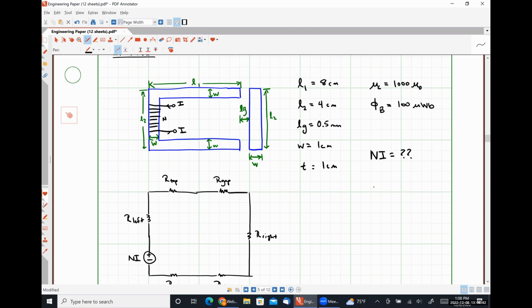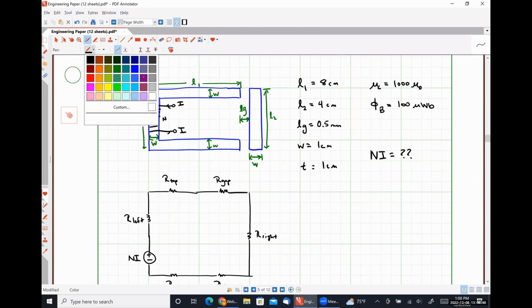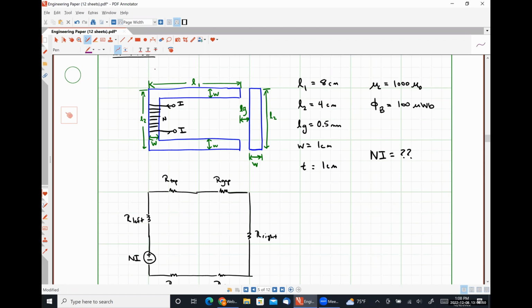L1 minus W. So this one is actually a little bit tricky, so I want to talk about it here. The reason I say it's tricky is we're looking at the average thing here.